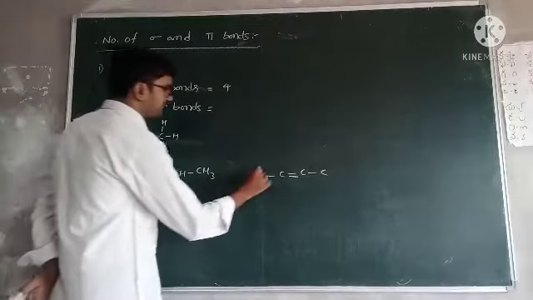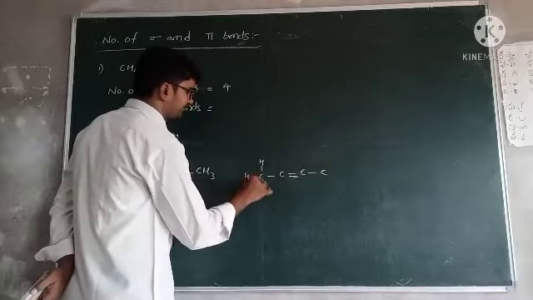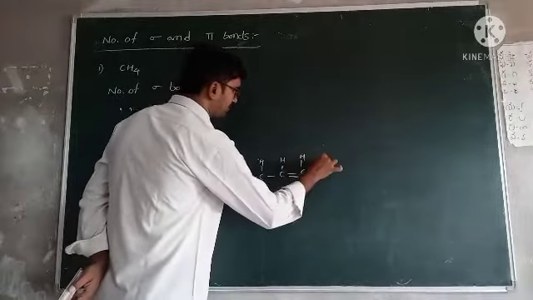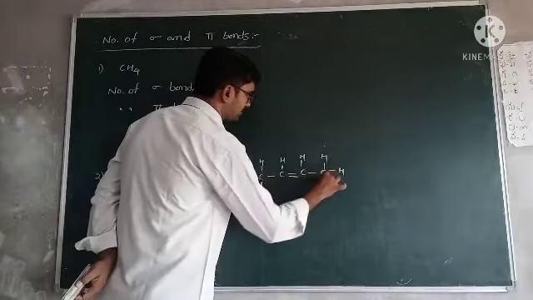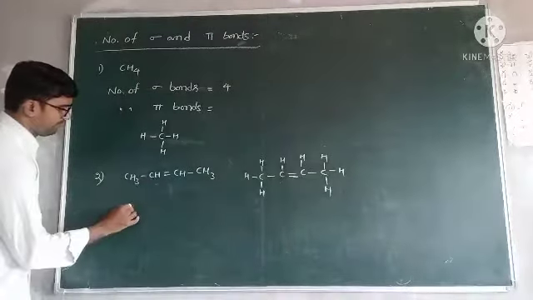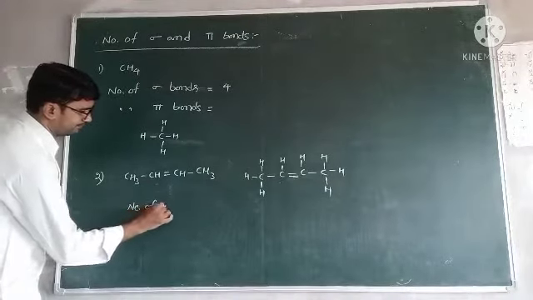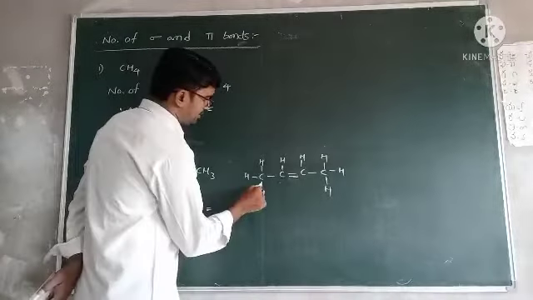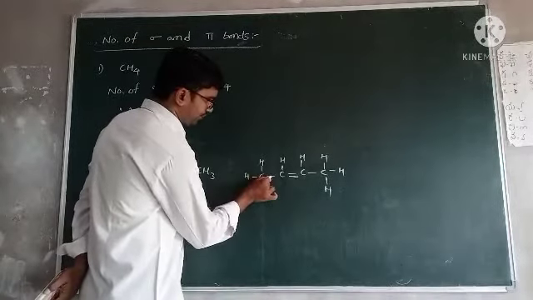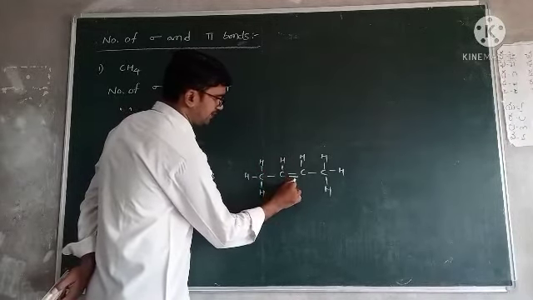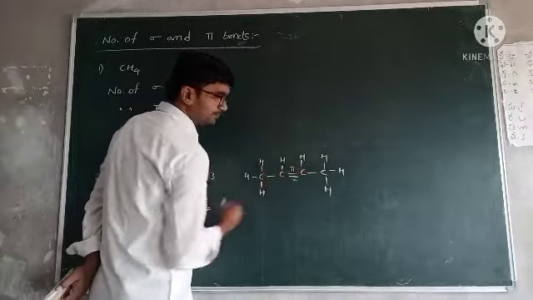Now the remaining are hydrogens: 1 hydrogen for this one, 3 hydrogens for this one. Now the number of sigma bonds: 1, 2, 3, 4, 5. In this one only 1 sigma bond is present. Here 1 sigma bond and 1 pi bond.